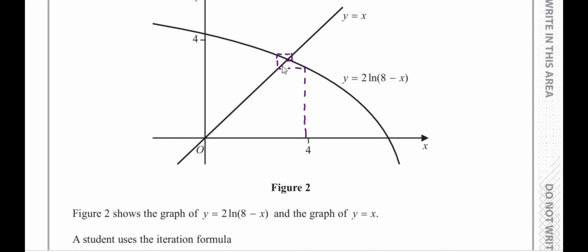This is called a cobweb diagram. And if it is spiraling inwards, it means that x is equal to 4 is a valid assumption to start with, and we will be able to reach the root. So that's what we have to write in one sentence. We can say, as the cobweb spirals inwards, this iteration starting with x1 is equal to 4 can be used to locate the root.